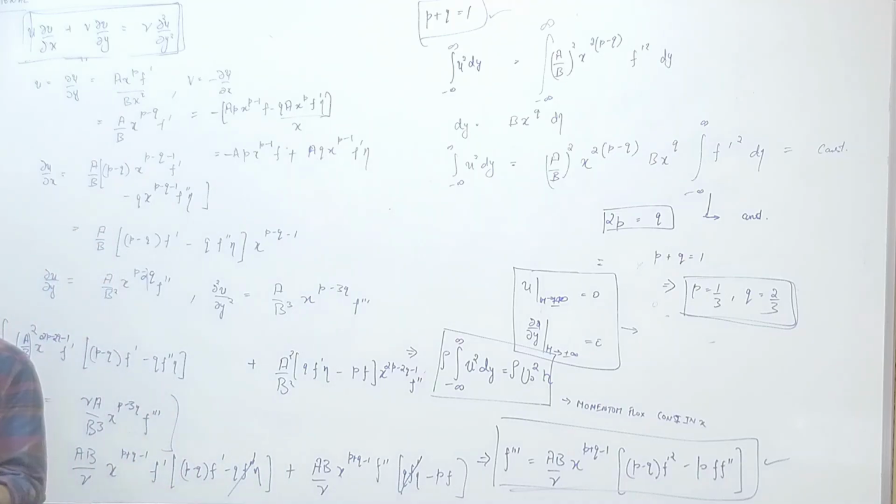So, if you have a free stream velocity u infinity which is decreasing in x, then you can expect that your boundary layer growth will be faster than x to the power half. And when do we have du infinity dx less than 0? What was the pressure gradient case?